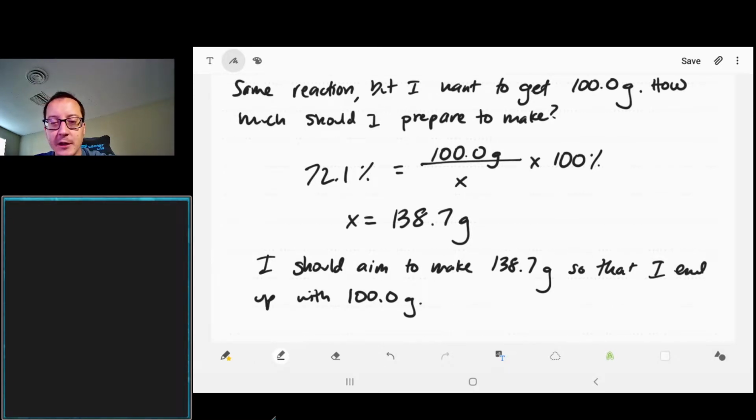You've made your cookie dough. The recipe says it's going to make 24 cookies. But maybe you accidentally made one of the cookies a little too big, and so now you only end up with 23. And so you have lost a little bit of your yield. Or say you ate half of the cookie dough while you were rolling out the cookies. You just lost half of your yield.